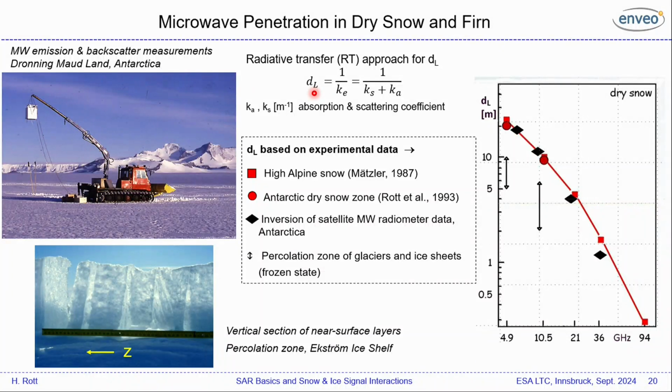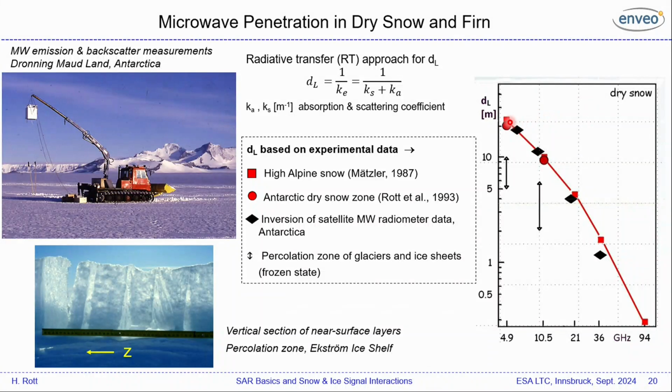So it's given by the losses due to scattering and absorption. And these are measurements I made in '89, in various places in Antarctica and on the plateau in Dronning Maud Land. These points are in the dry snow zone of Antarctica, and they are very similar to the measurements which Christian Mätzler made in the Davos region.